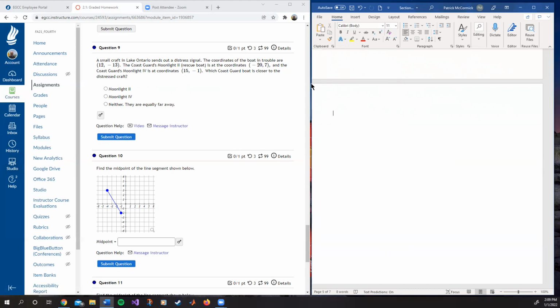So the first distance is between 12, negative 13 and negative 20, 7. So I'm going to call this D1. So this was for Moonlight 2. I'll call it D2. There we go. All right, so by distance, it's the square root.